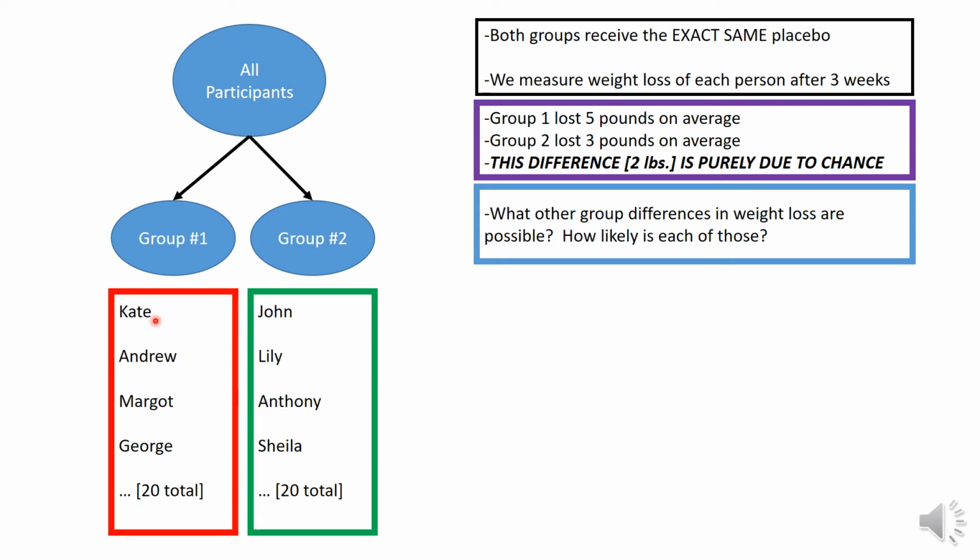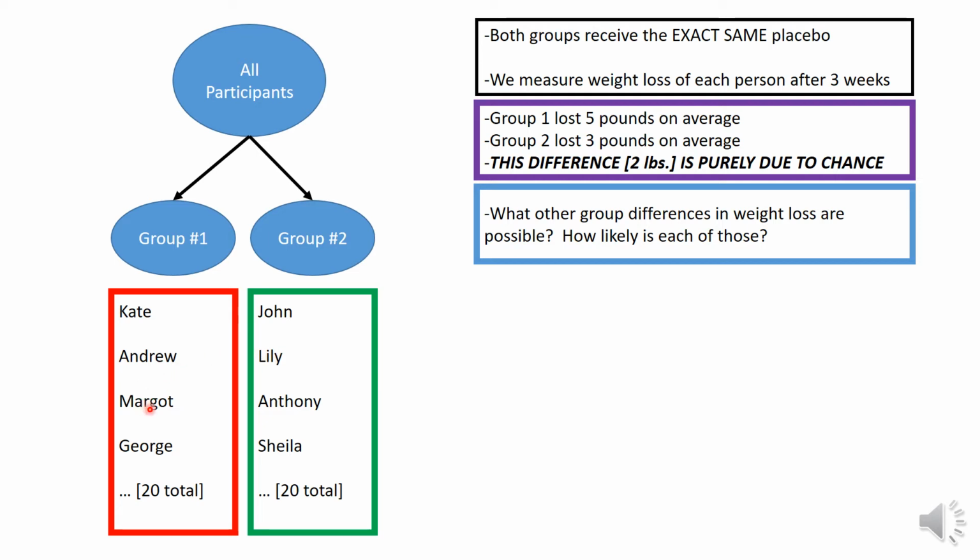So what I'm going to do is go through each of these 40 people, flip a coin to see if they stay in their current group or if they get switched over into the other group. So with Kate, maybe I'll flip a coin, it comes up heads, so she stays in group 1. When I get to Andrew, I flip the coin, it comes up tails, so I know that he's now going to be considered part of group 2.